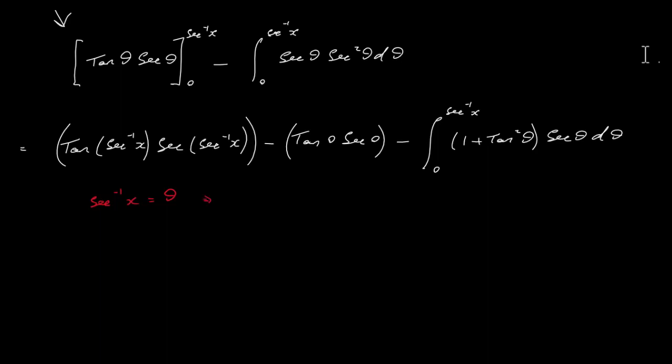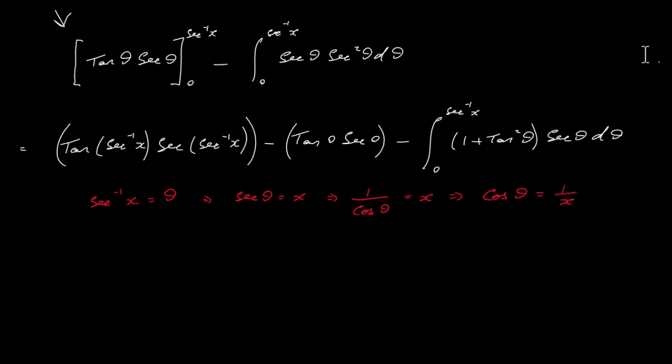So in other words, sec of theta is equal to x. That was the original substitution we made. Sec theta is equal to x. Now sec is just 1 over cos, so 1 over cos theta is equal to x. If we flip these upside down, you get cos theta is equal to 1 over x.